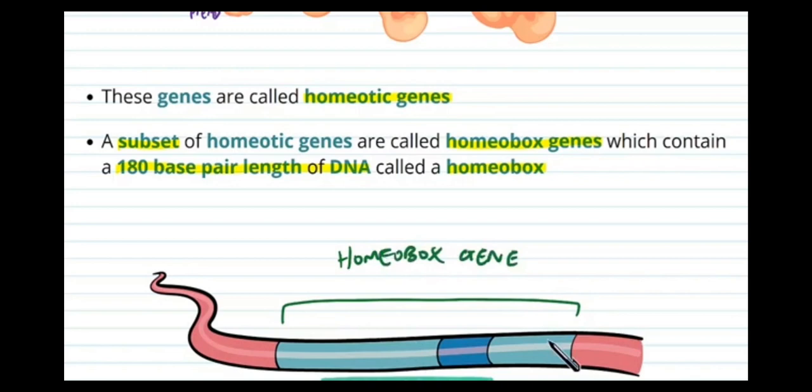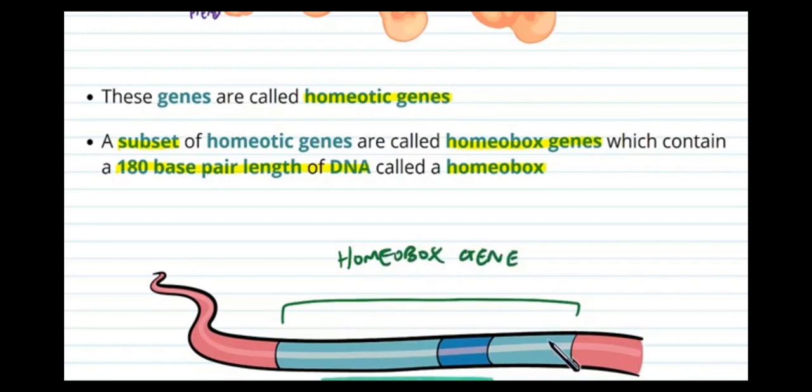Now, this is the structure of DNA, and in this structure, DNA is represented by the red portion. The light blue portion represents the homeobox gene. In the homeobox gene, the dark blue region is the conserved region that is present in the homeobox gene.